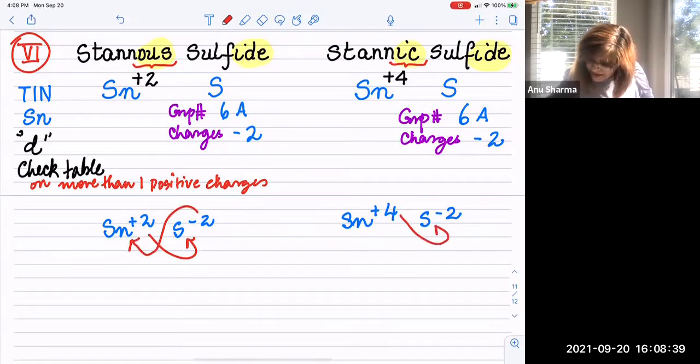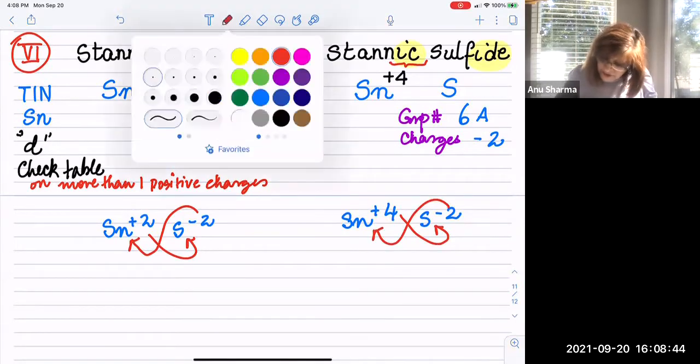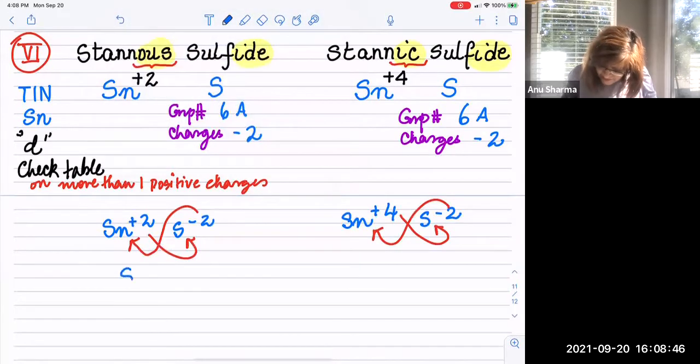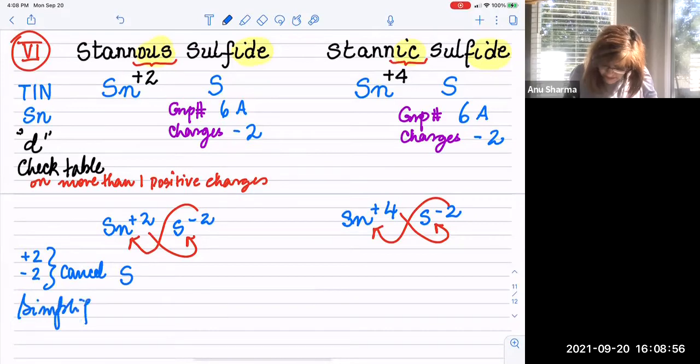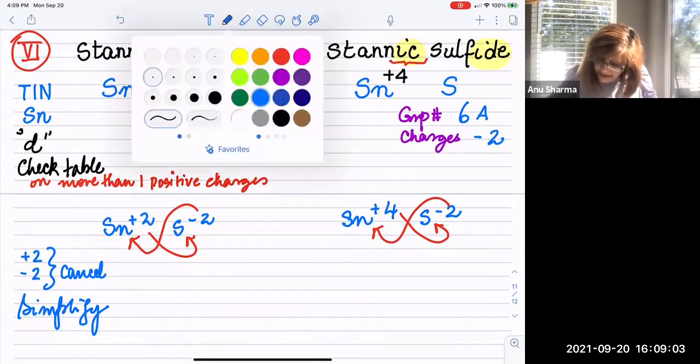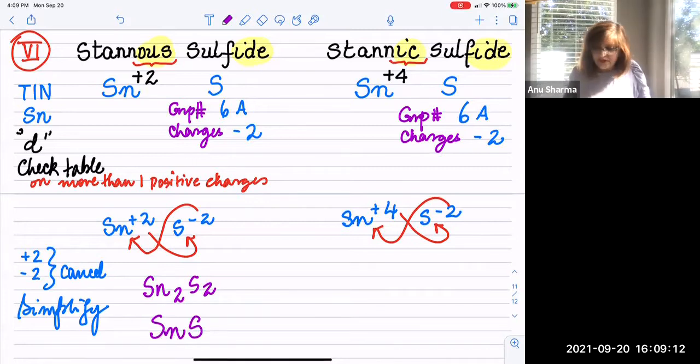Okay, so now what do you get? You get Sn, remember, +2 and -2 cancel out, and you need to simplify it. That is why you have to cancel it. So now it becomes Sn2S2, and it cancels out and the whole thing is SnS.